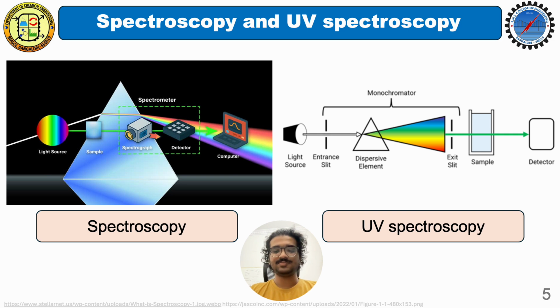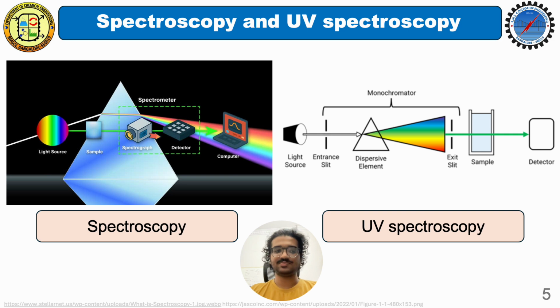So basically, spectroscopy is the study of interaction of electromagnetic radiation with our analyte sample. So basically, investigation and measurement of spectra by comparison before and after interaction with matter is known as spectroscopy. Specifically, we use electromagnetic radiation within the UV spectral region for a type of spectroscopy known as absorption spectroscopy.